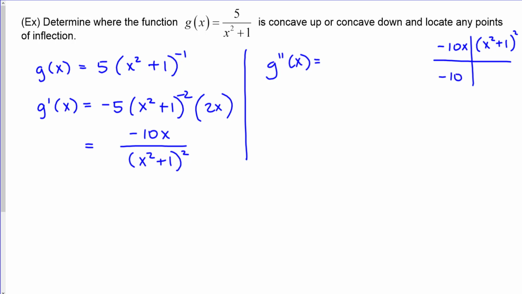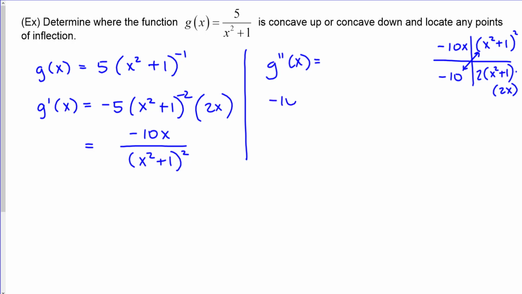The derivative of this part is 2 times x squared plus 1 to the first power times 2x. I'm running out of space there, sorry about that. I need to multiply these two parts together first, and I'll come down a line just so I make sure I have plenty of space.